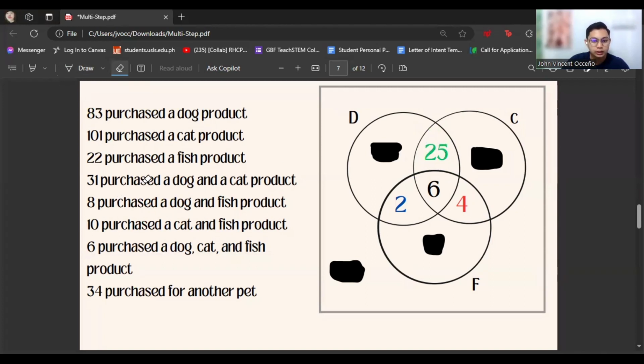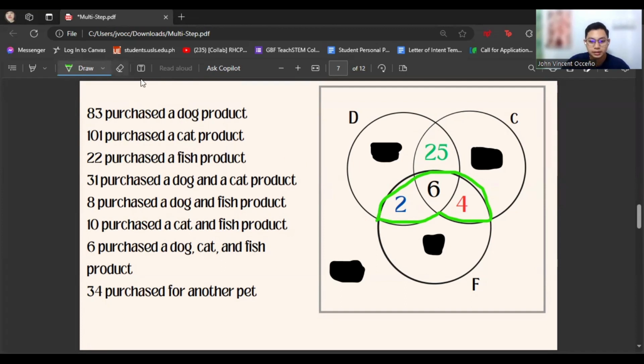Now, the rest is simple. For the 22 who purchased a fish product, it's in the bigger circle here. So we simply do not copy again. Since those 22 people who purchased a fish product, there are also people in these intersections who purchased a fish product. So it does not mean that all 22 purchased only a fish product.